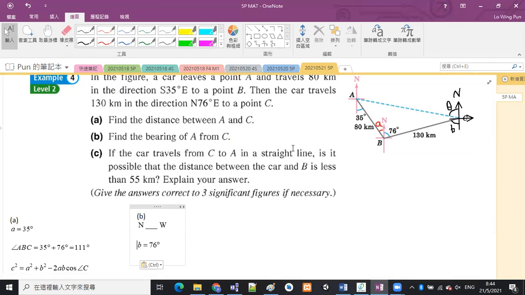I have all the lengths, and then I have one angle. So I'm going to use cosine formula because I don't like using sine formula to find angle, because we need two possibilities. So I'm going to use cosine formula to find this angle.